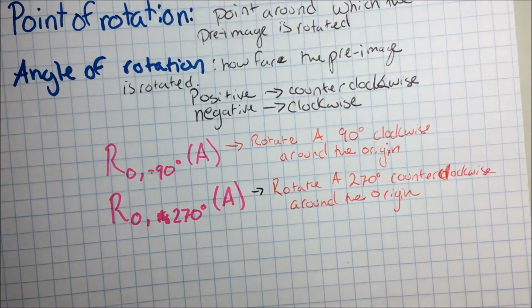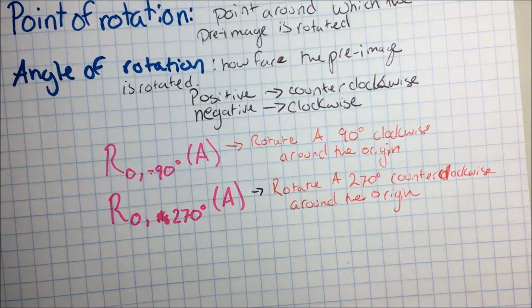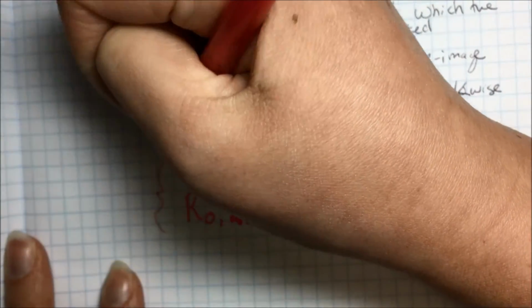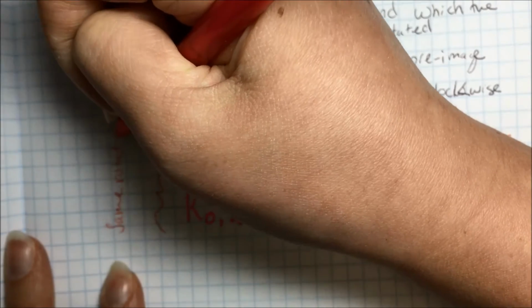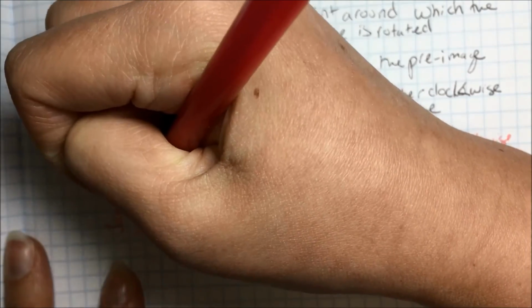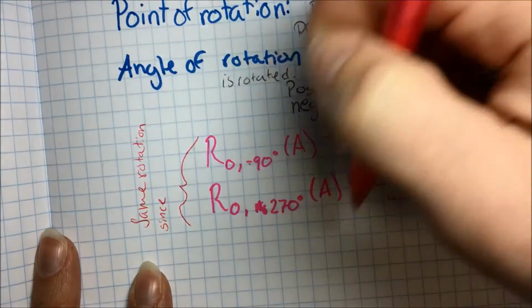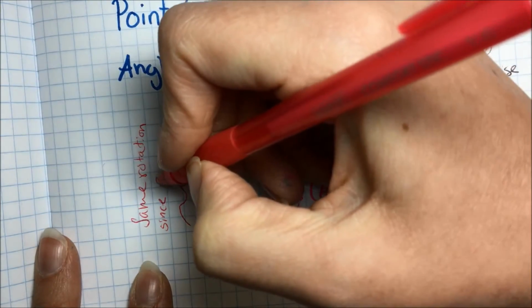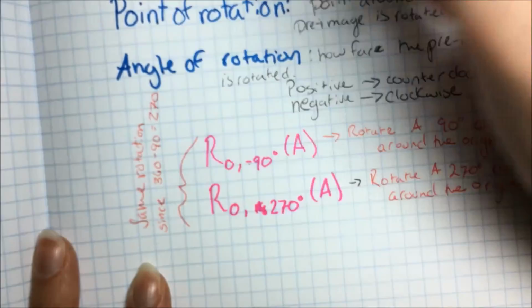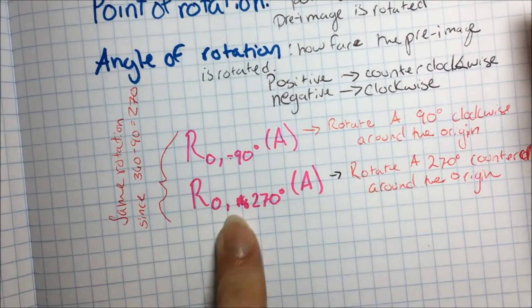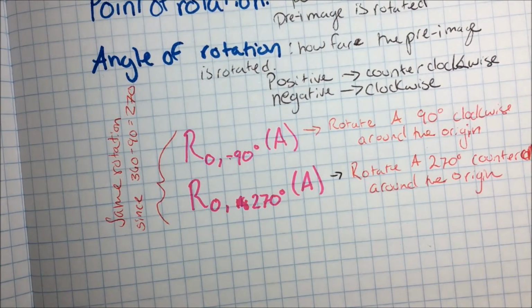And these things actually mean the same, since all the way around is 360 degrees, so 360 minus 90 would be 270. So 270 degrees or negative 90 degrees would be the same thing.